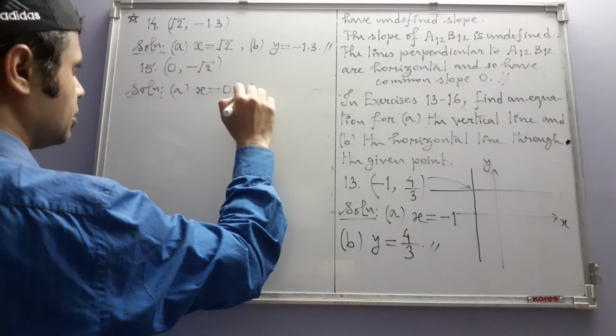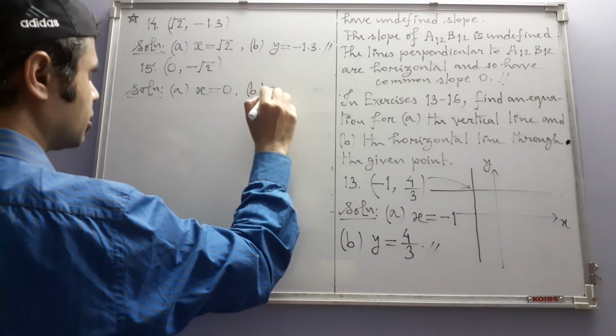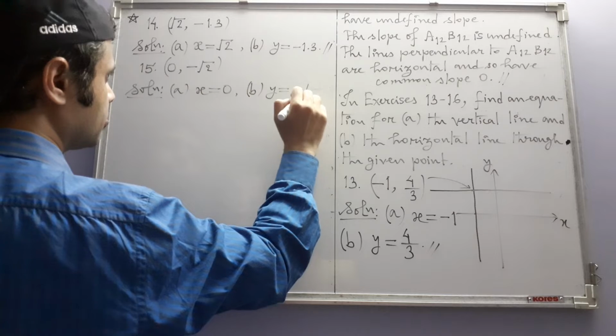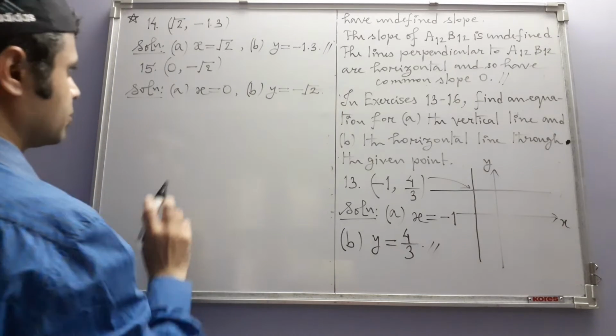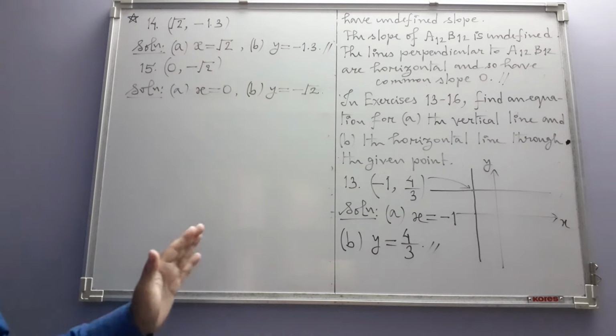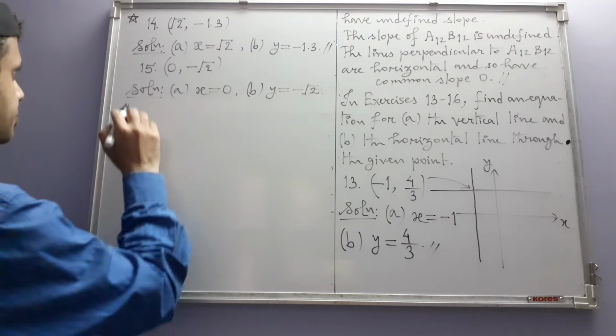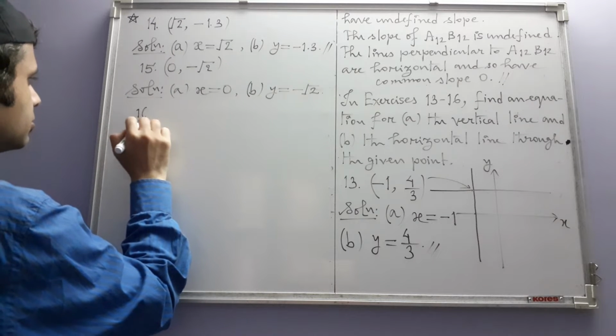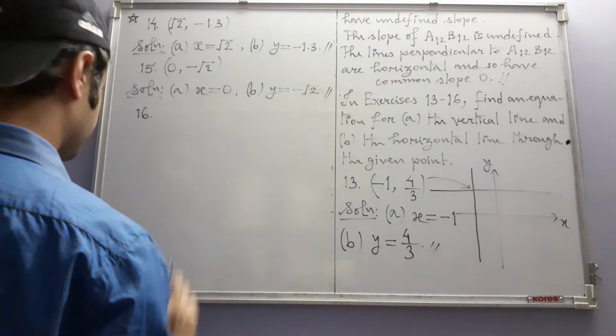This is the vertical line and this is the horizontal line. The vertical line in this case turns out to be the y-axis itself. Then 16.